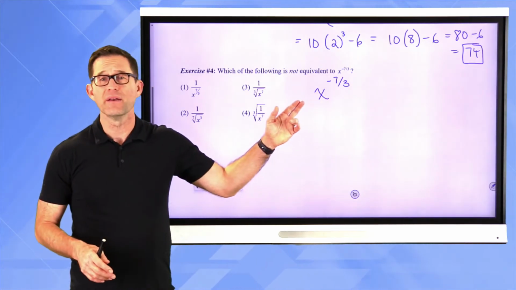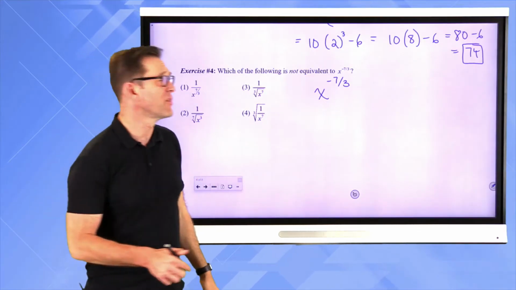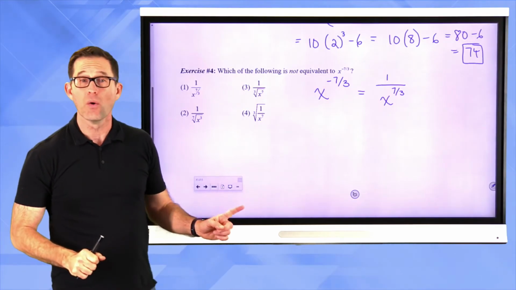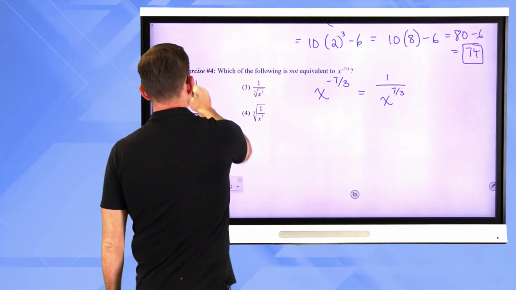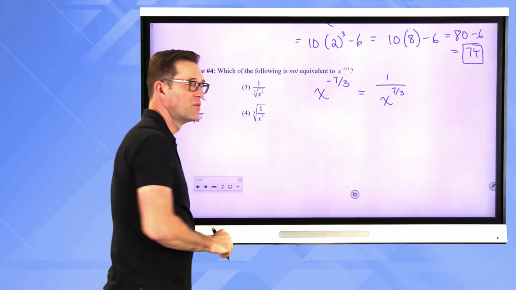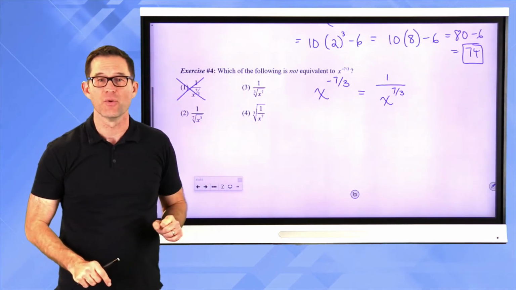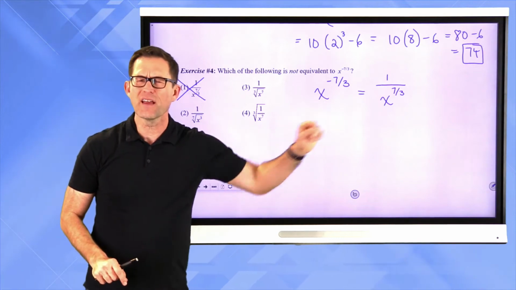The first thing I might note when I have x to the -7/3 is by the definition of a negative exponent, this is the same as 1 over x to the 7/3. All right, so one of them that it is equivalent to is choice 1. So I'm going to mark that out because I'm looking for the one that it's not equivalent to. Now, let's take a look at this.